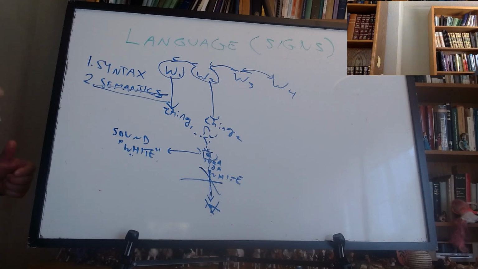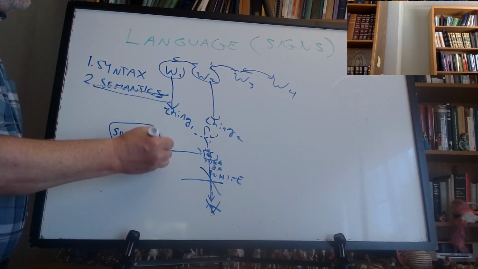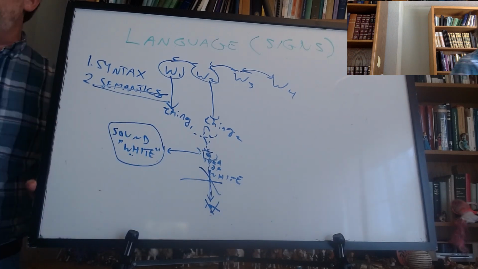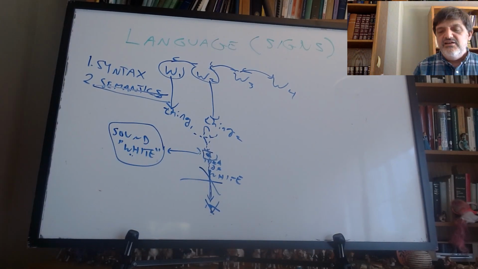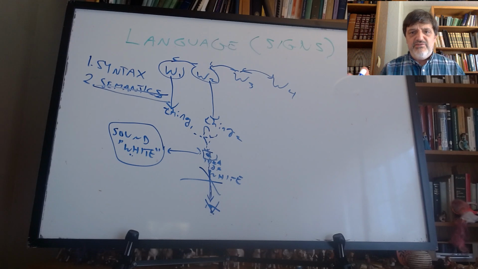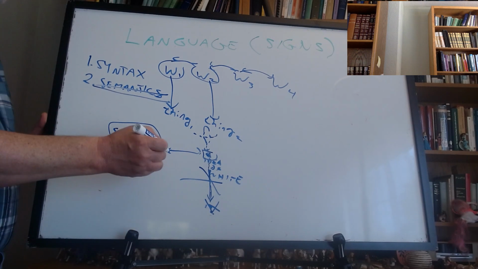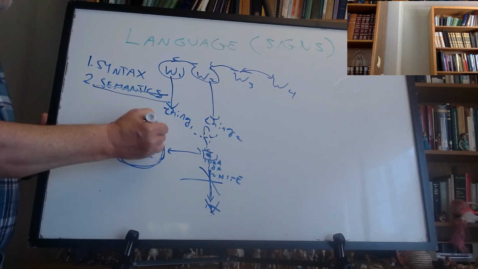It means that somehow, for this sound white, we're able to substitute, or at least, I mean, the actual rules here have to be really complicated, right? It's not like you actually think of something white every time you hear the word white. It's complicated. But somehow we're allowed to interchange this idea.